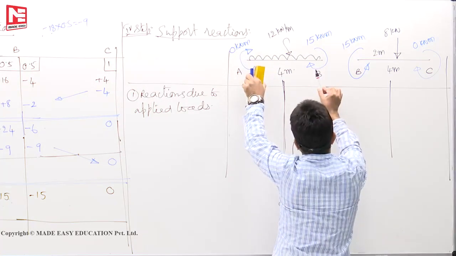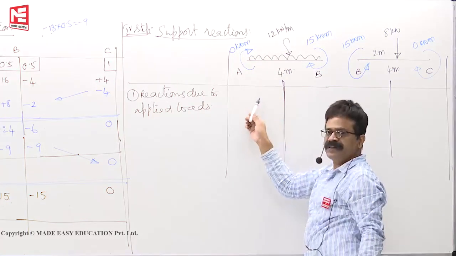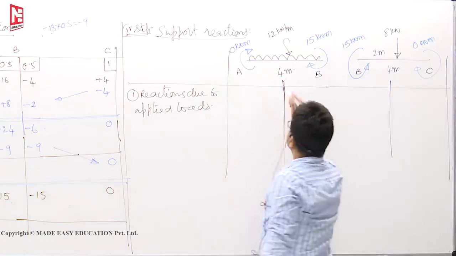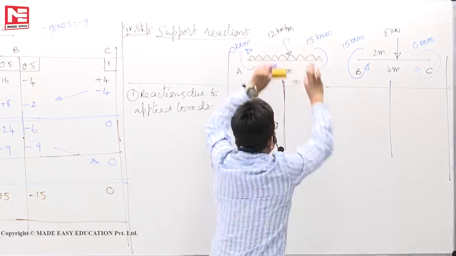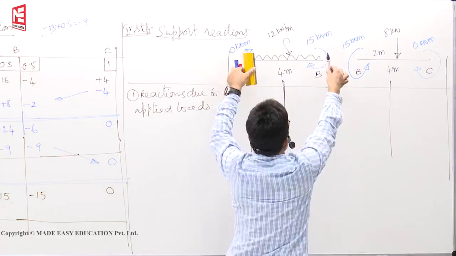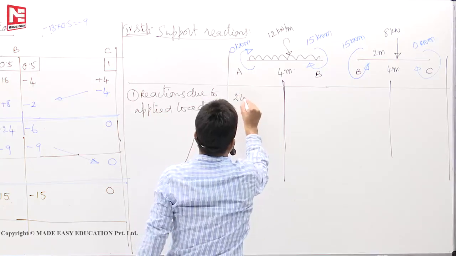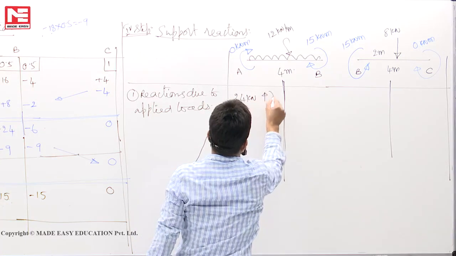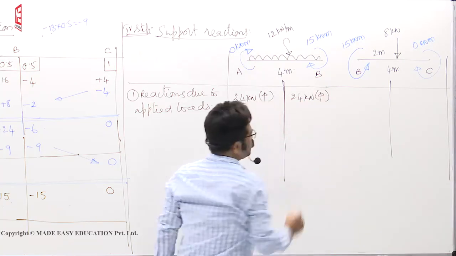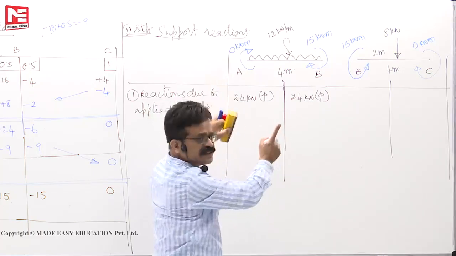Next, there is a moment of 15. Due to loads alone, what are the reactions? Due to moments alone, what are the reactions? Add them. So 12 into 4, 48 kilonewton down. To balance that, two supports will exert 24 here and 24 here. So 24 kilonewton upward, here also 24 kilonewton upward. Like a simply supported beam subjected to UDL, both will share equally.